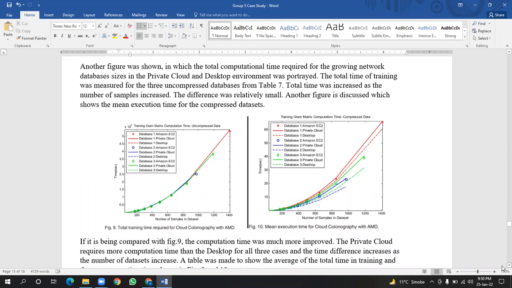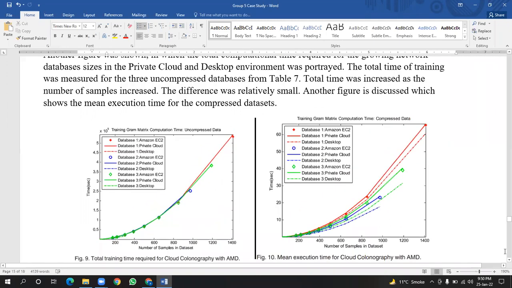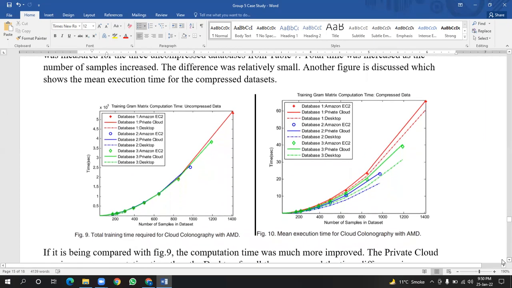More figures were produced to check the differences between the databases to get more information on how the data size and the time change based on different results. The difference was relatively small, as you can see in figures 9 and 10, and not as much as one would expect.